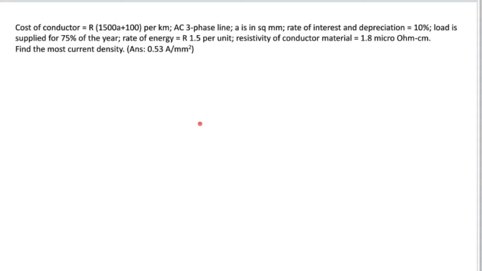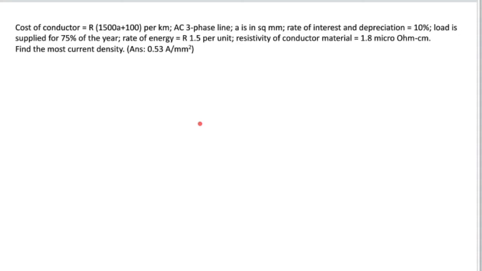3I squared R is the power loss. So 3 is for 3 conductors, a 3 phase line. I is the current, which we don't know, so we kept it as I because we assumed it.